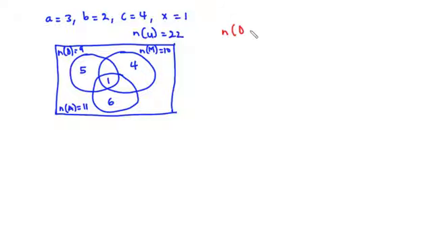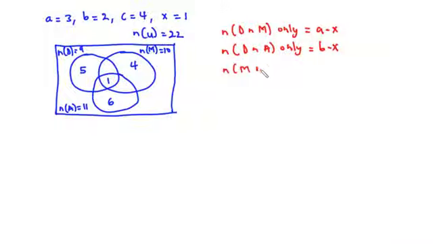So the number of players who play defense and midfield only. So defense and midfield only was A minus X. Defense and attack only was B minus X. Midfield and attack only was C minus X. Now we have A to be 3 and then X to be 1.